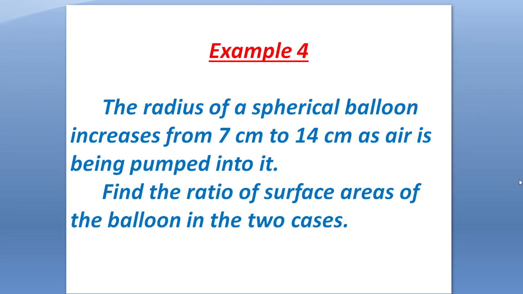So try to understand: as air is being pumped into it, find the ratio of surface areas of the balloon in the two cases. So first one is when radius is 7 centimeter and then radius is increased from 7 centimeter to 14 centimeter.